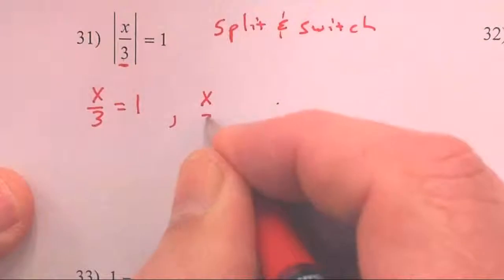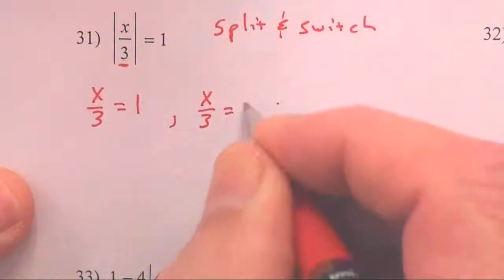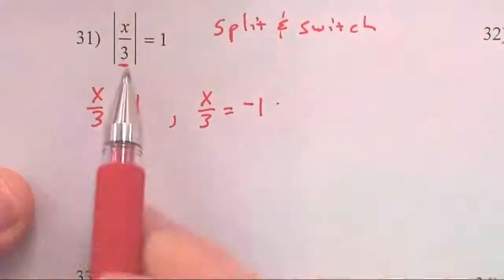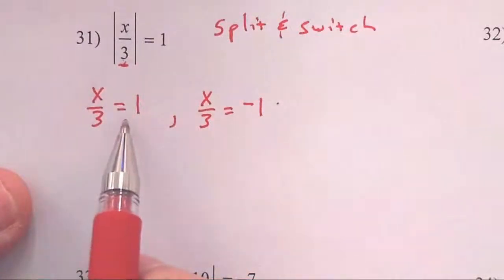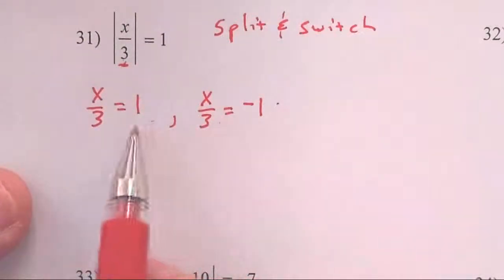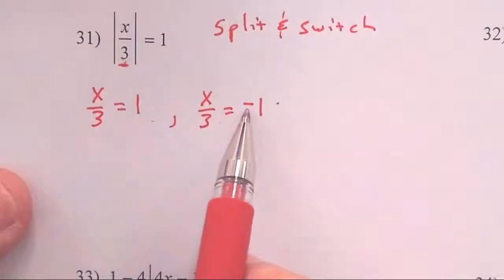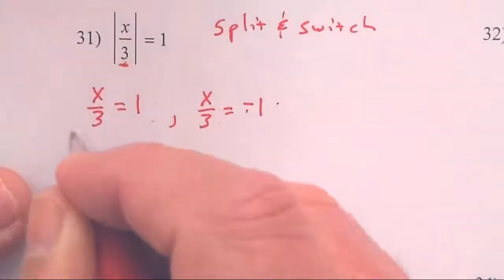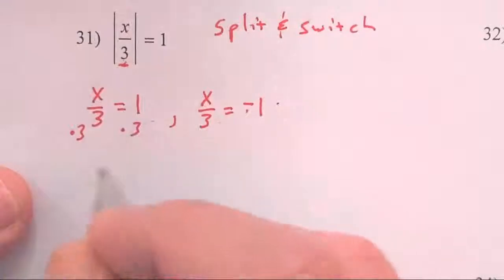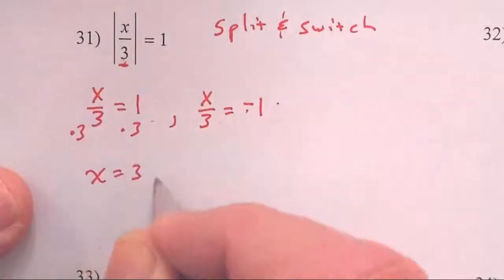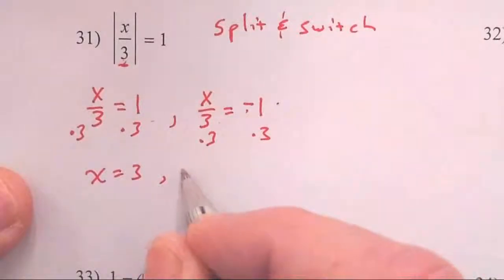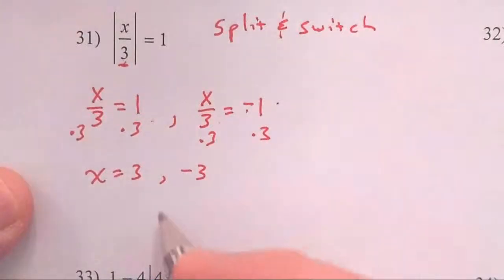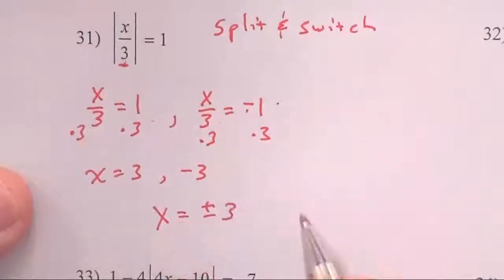So there's our split. We split it into two equations, and there's our switch. So here we would just multiply by 3, x is 3, multiply by 3, x is negative 3. We could abbreviate that as x equals plus or minus 3.